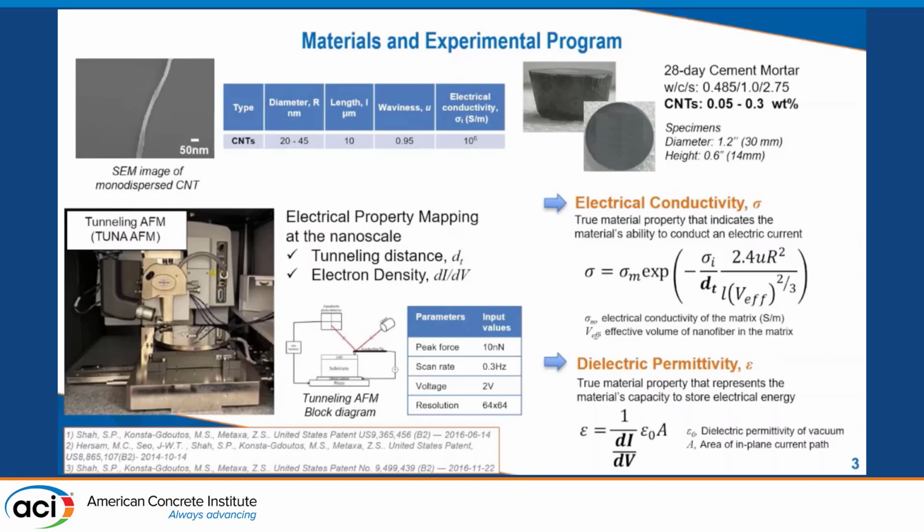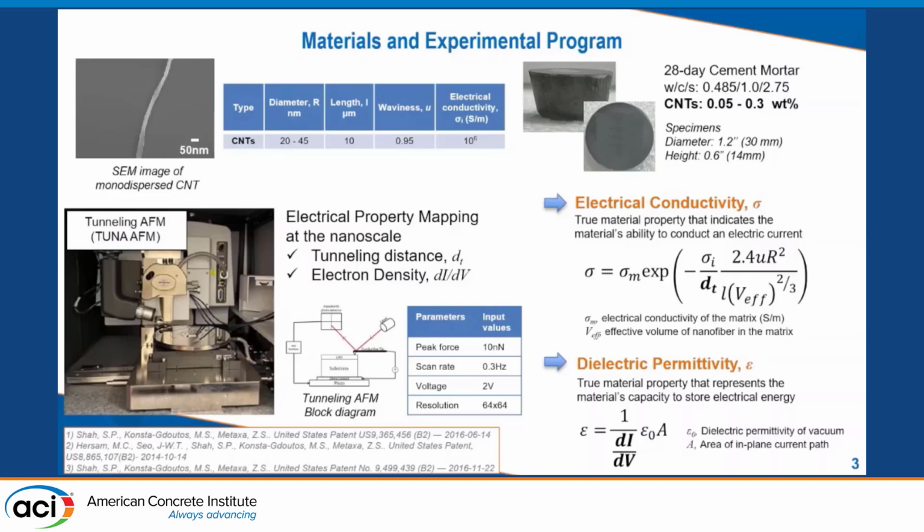So for this presentation, we prepared 28-day mortar nanocomposites reinforced with carbon nanotubes at a range of 0.05 to 0.3% per weight of cement. And we conducted tunneling AFM, electrical current mapping, and nanoscale topographical imaging in these samples.